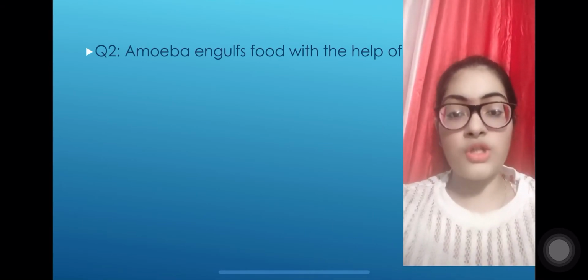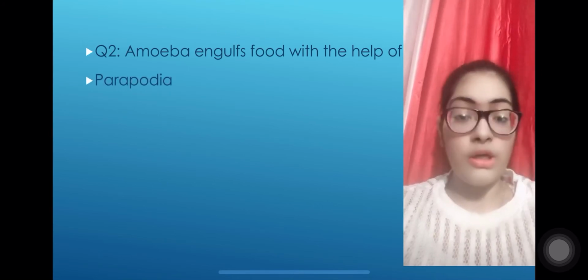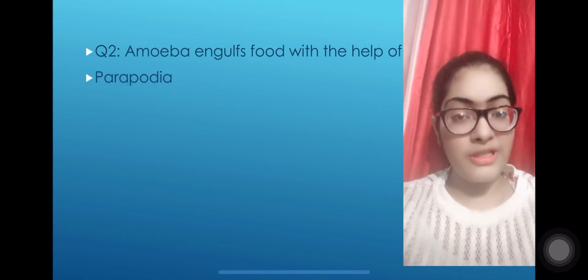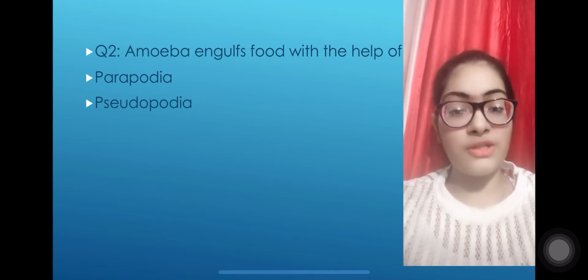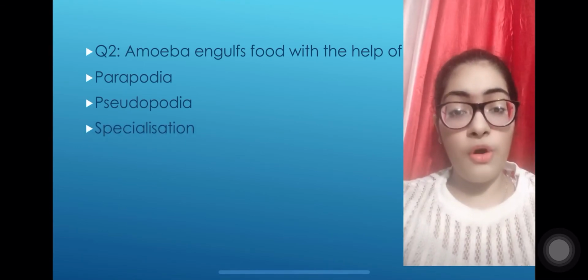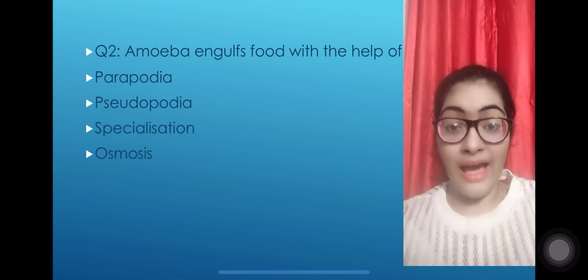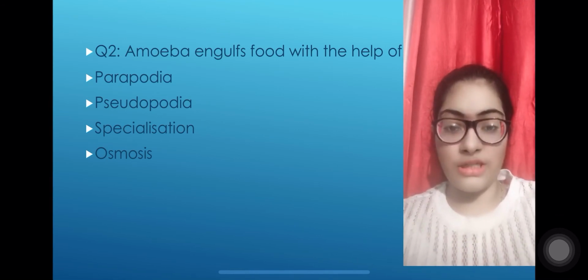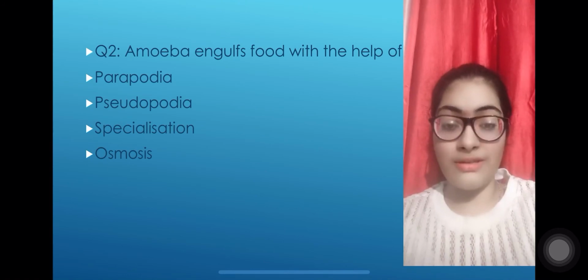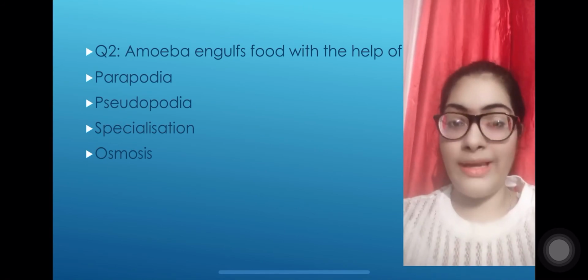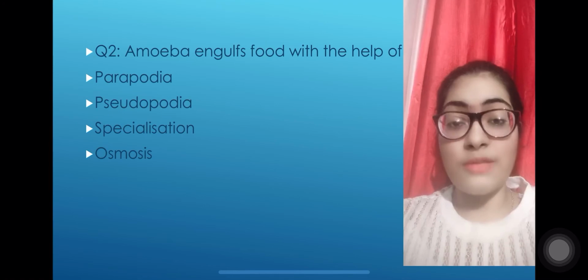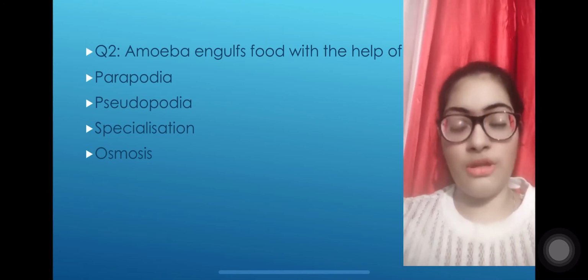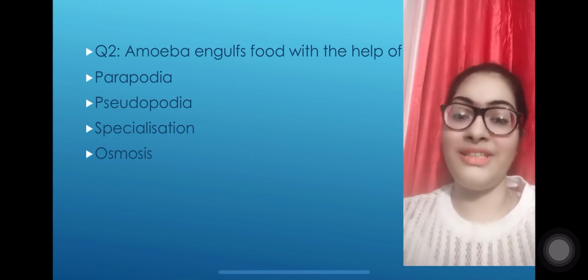So your first option is parapodia, your second option is pseudopodia, your third option is osmosis, and your fourth option is specialization. If you have watched my lectures carefully, this must be a very easy question for you. It's a cakewalk type question, kids.